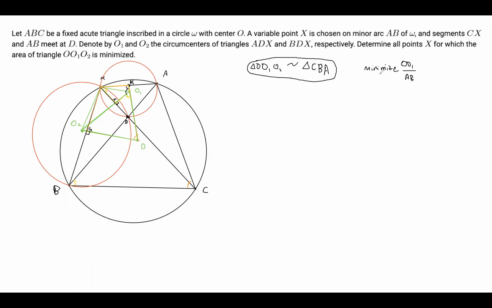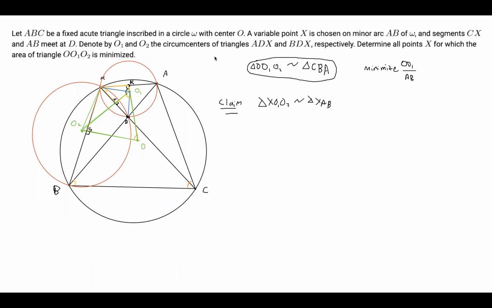And I'm going to go a step farther and make my next claim, which is that triangle XO1O2 is similar to triangle XAB. And this is not hard to prove. So what I'm going to do is first use a different color. I am going to draw XO1 and O1D. Okay.